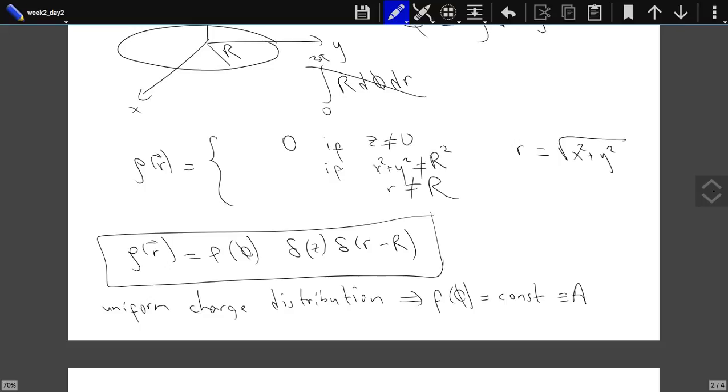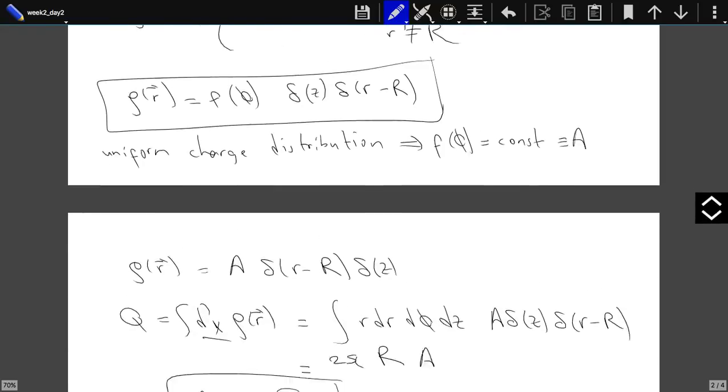And then, of course, there's still this unknown function, and this unknown function we try to determine by using the other information given in the problem. For example, are we given a uniform charge distribution? Or if it is not uniform, how not uniform? We have to be given that information. Whatever information we have in the question, we can write down the most general form for this function, which will depend on certain parameters.